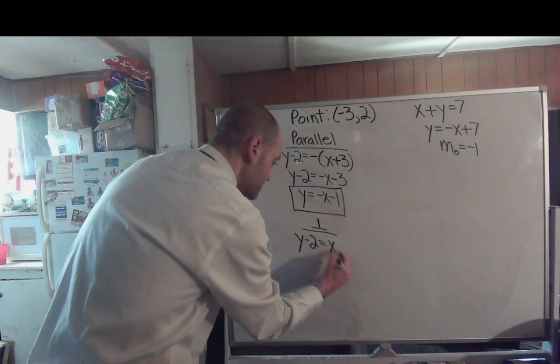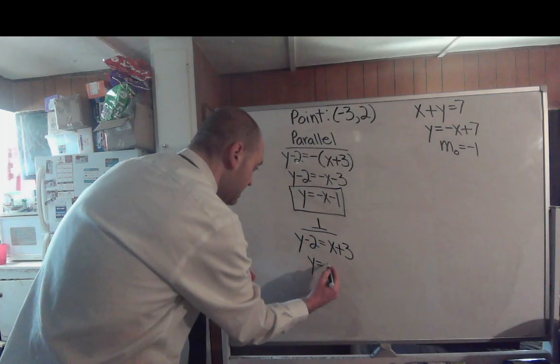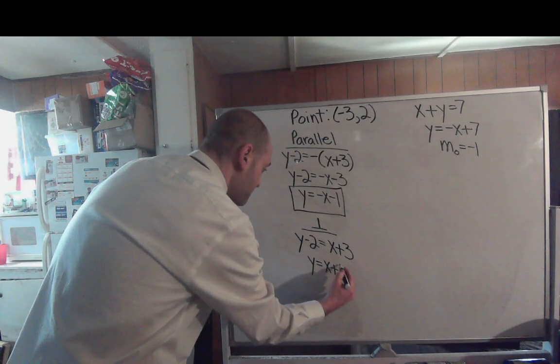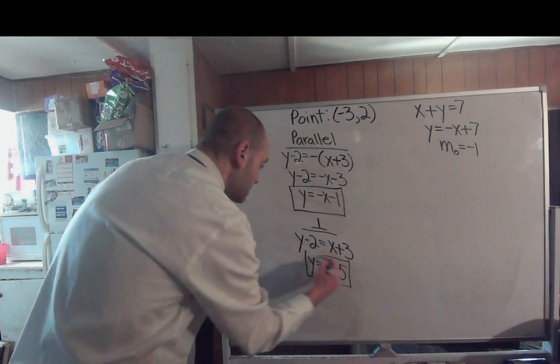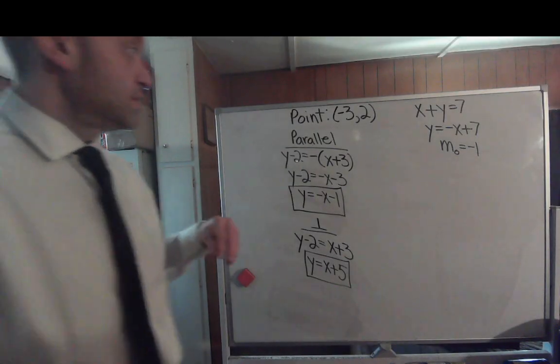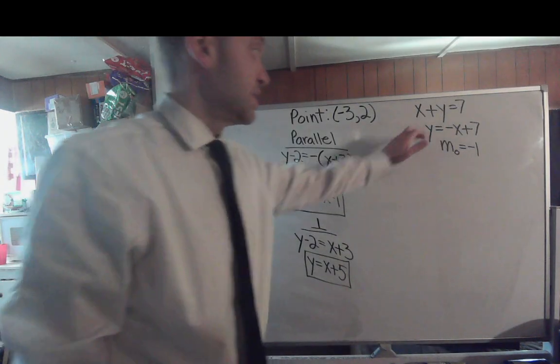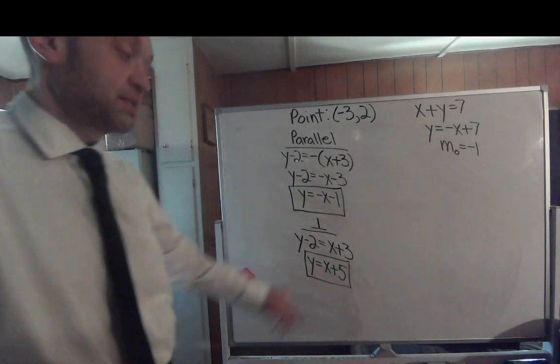So y minus 2 equals x plus 3. So y equals x plus 5. So the line running through the point negative 3, 2 that is perpendicular to this line is y equals x plus 5.